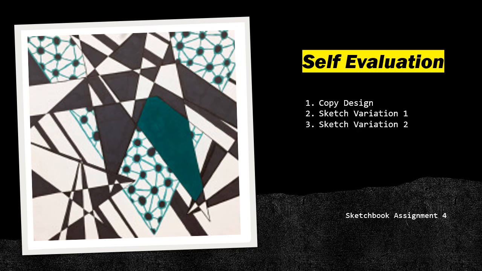Okay, let's talk about requirements. Yes, you have to copy your previous design from project 3 onto a new page, and you have to make 2 new squares with color and black and white, with a straight edge preferably, and make sure that those sketches are 3 by 3 inches.